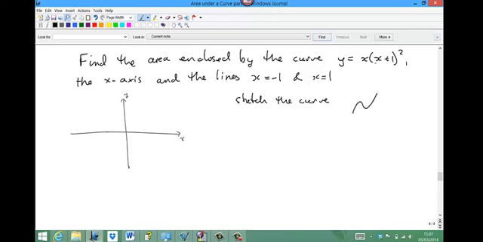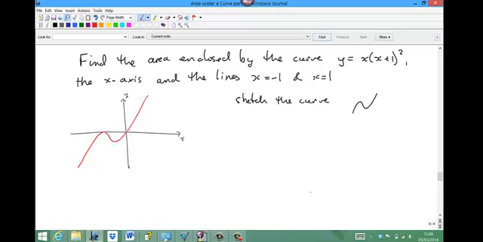The x cubed coefficient will be positive, and we can see there is a turning point on the x-axis at x equals minus 1, and it also passes through the origin where x equals 0. And so this is the sketch of the curve.